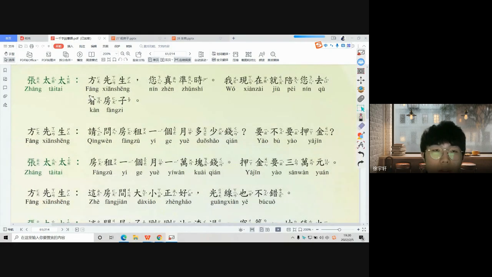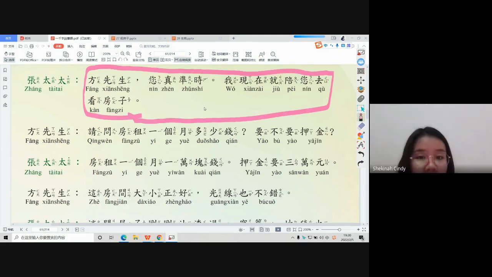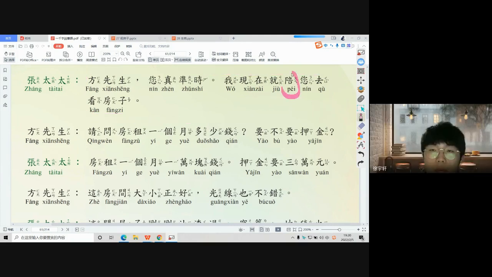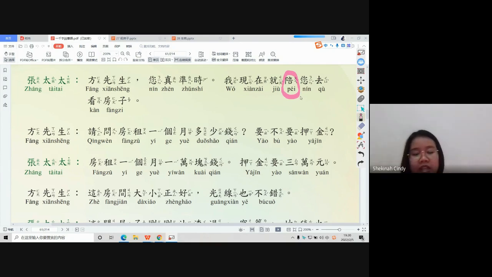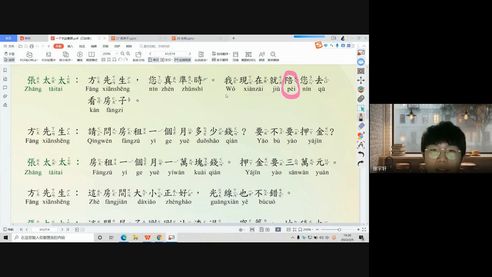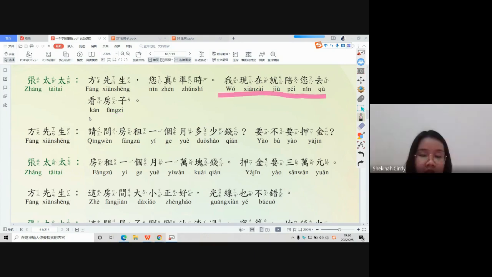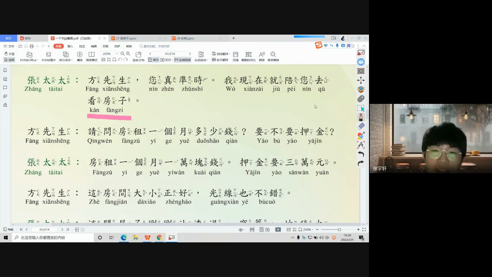So the second sentence, 方先生，您真准时，我现在就陪您去看房子。Do you have some questions about this sentence? No. What's the meaning of 陪? To accompany, like be with someone. Yes, that's correct. So how do we translate this sentence? Right now I will accompany you to go look at the houses. Yes, correct.